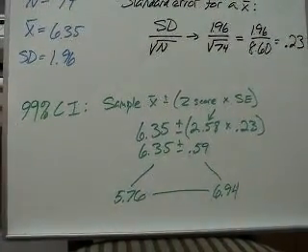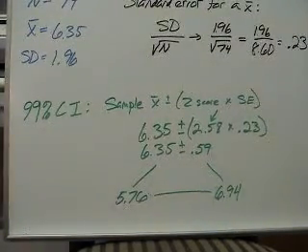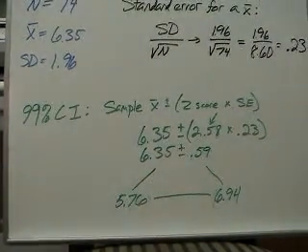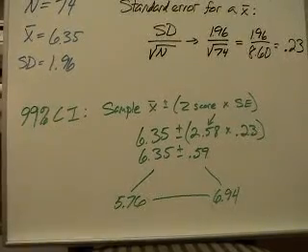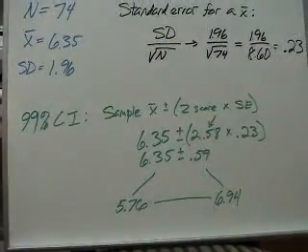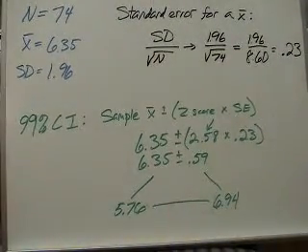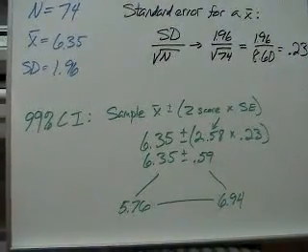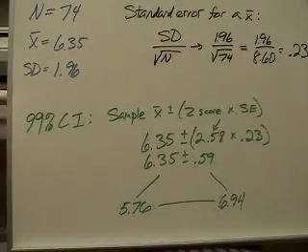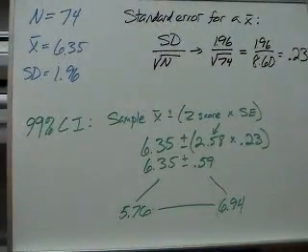So that product is 0.59. You take the observed sample mean of 6.35 and subtract 0.59. That gives you 5.76. If you add 6.35 and 0.59 together, that gives you 6.94. That range from 5.76 to 6.94 is your 99% confidence interval.